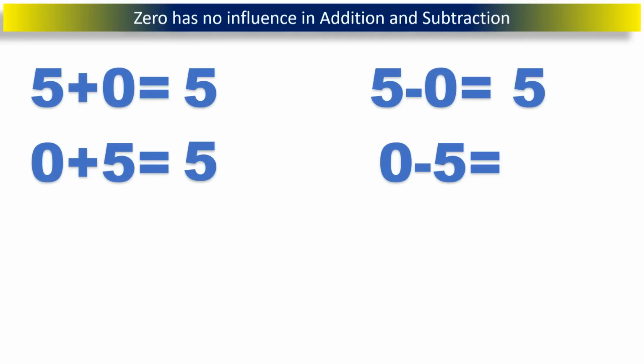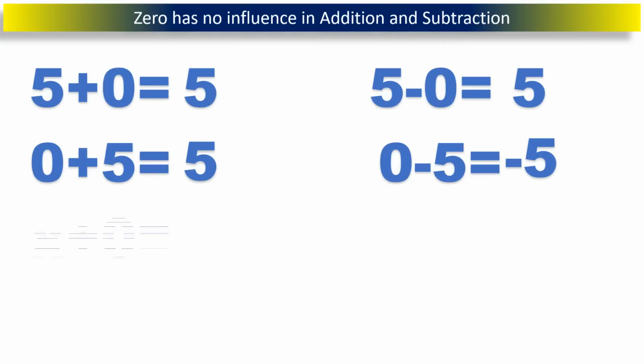So 0 minus 5, what will be the answer? Exactly, it is minus 5. We have to tell the answer along with the sign. If it is plus, sometimes we will not mention the plus sign, but for minus we have to mention the symbol. If you want to know the importance of plus and minus, kindly see my video on basics of mathematics, class 1, where we have seen how to handle signs.